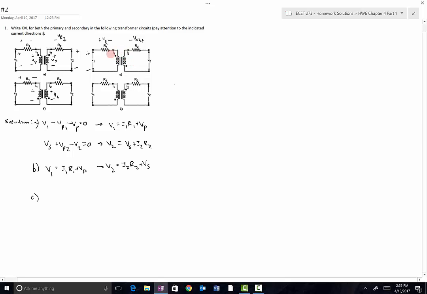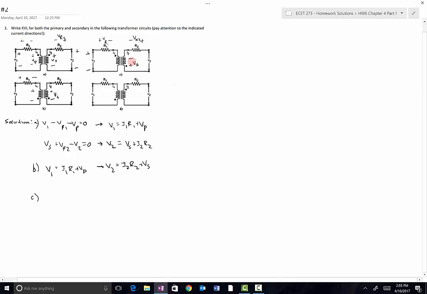So here, current is entering the dotted terminal of the transformer. That will induce a voltage that is positive at the dotted terminal of the secondary. So that is indicating that the polarity in the secondary voltage is as I've just drawn it. So there is plus minus Vs.